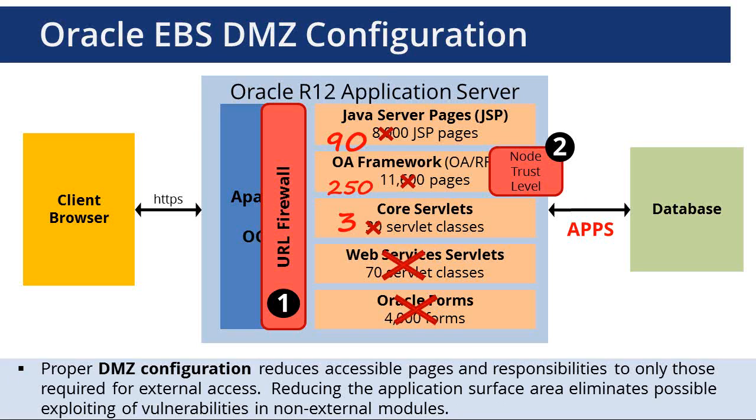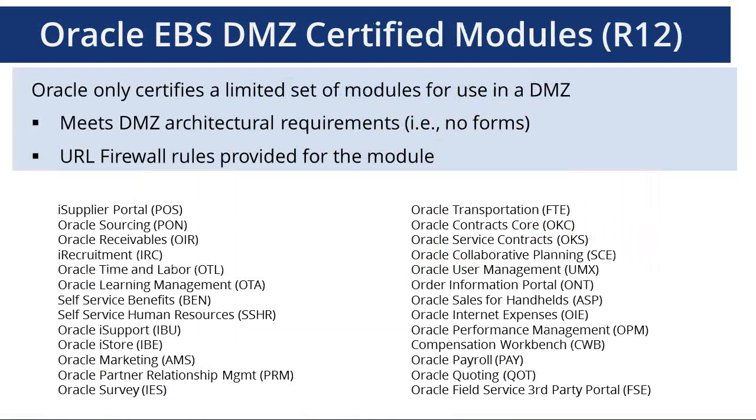So when you talk about doing iSupplier, there's a DMZ configuration document that you basically have to go through in great detail to configure the application correctly. And the first thing is what modules are certified by Oracle. So when you're opening up Oracle Business Suite to the internet, you have to say, okay, we'll only open up the certified modules.